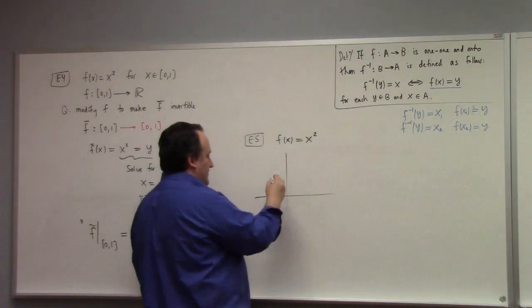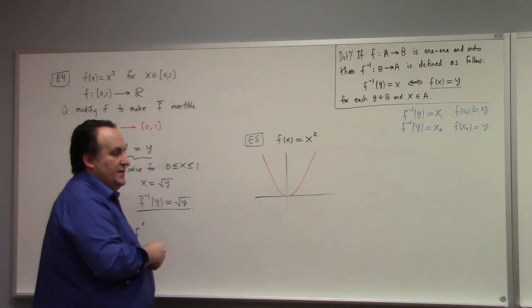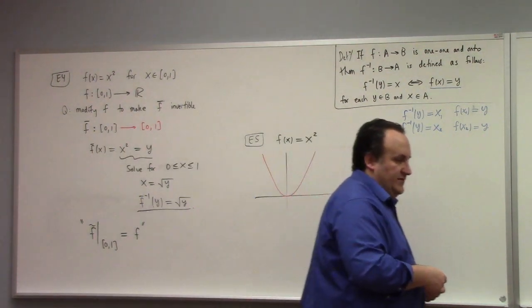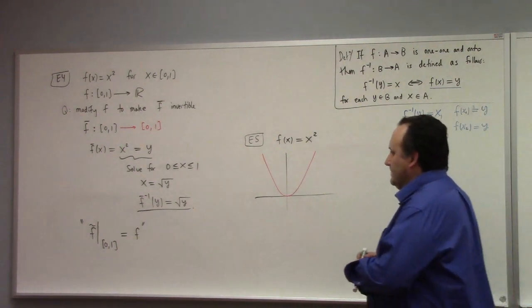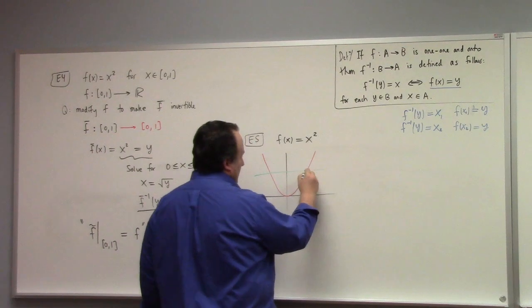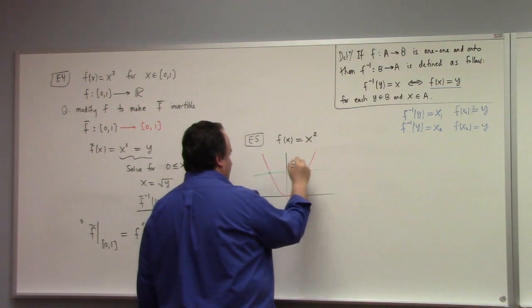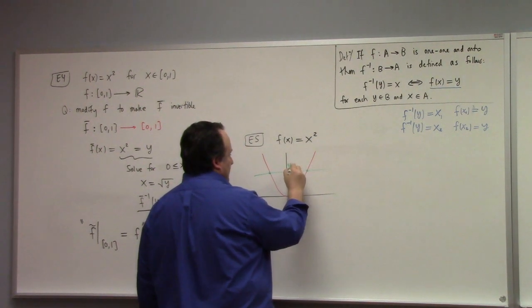The trouble with this is that when you look at the inverse image of something in the range, what happens if this is like, I don't know, b, let's say. I guess we could call it y naught.